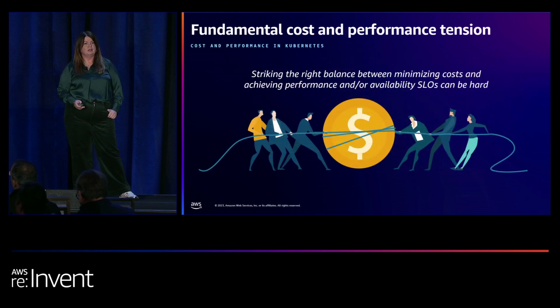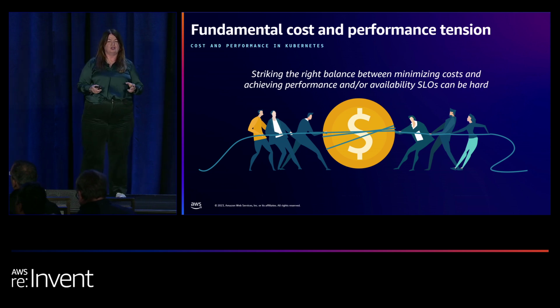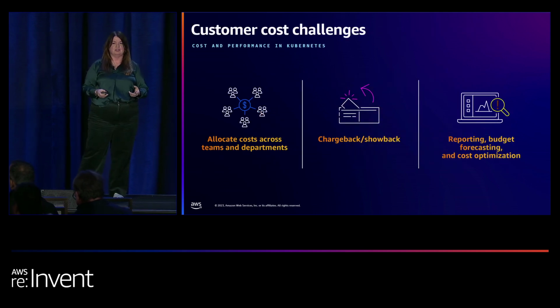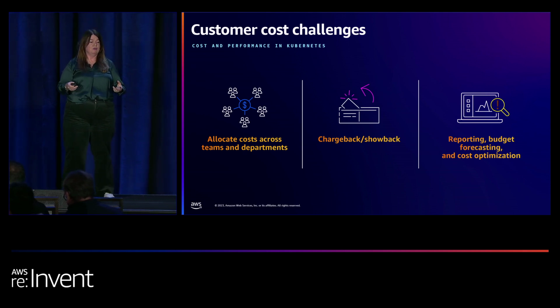There's always been a tension between making sure your workloads operate at the right sort of level of performance and give you the right availability, and balancing that against the cost to run those workloads. This can be more of a challenge when we're looking at doing this in Kubernetes, because you could have multiple teams running on the same underlying cluster, so you need to be allocating the costs to those teams accurately.